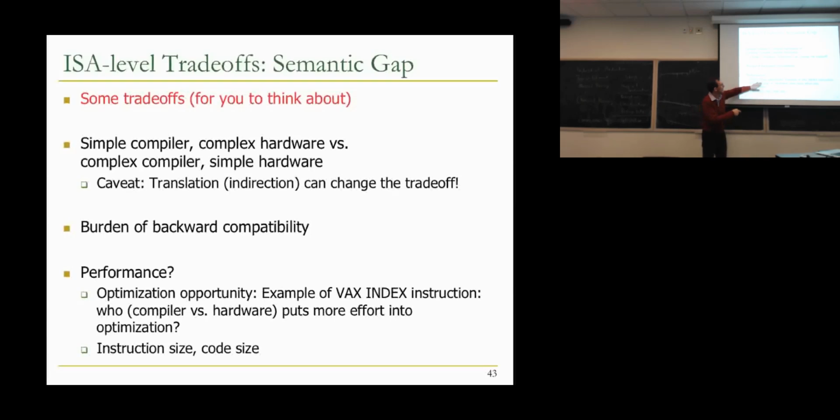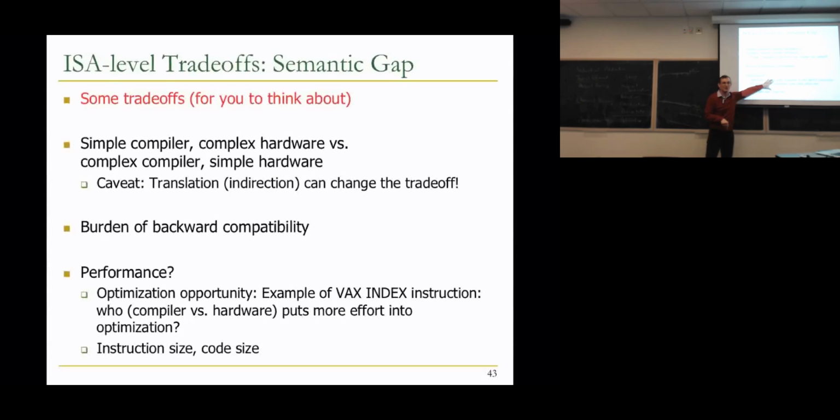They also mapped the same high-level program into simpler instructions in VAX and measured its performance. And they saw that if they used the index instruction, it took much longer to execute the program compared to if they used the simpler instructions, even though the simpler instructions had a much bigger code size. So this was the argument for simple instructions. Using simple instructions on the VAX itself performs better than using complex instructions for the same program.